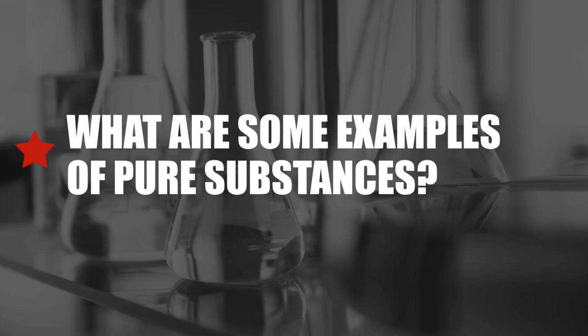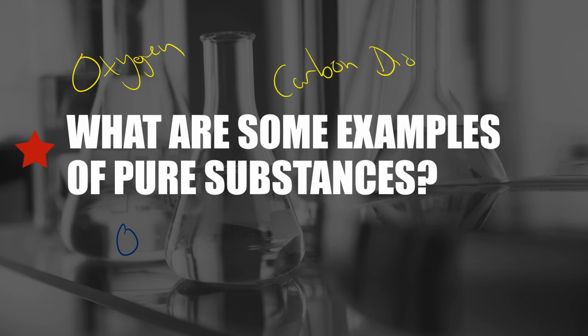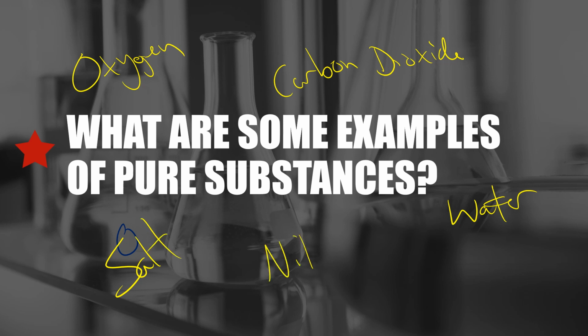Some examples of pure substances, we can say oxygen, carbon dioxide, water, salt, nitrogen. A non-example, so if I wanted to give you a non-example, I could say salt water.